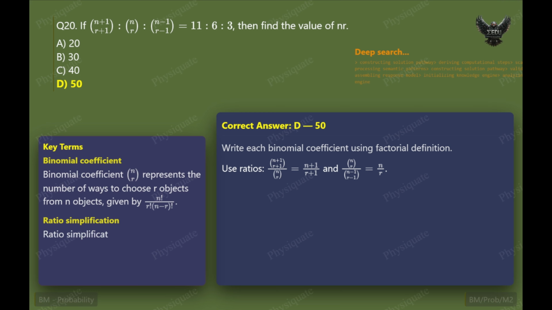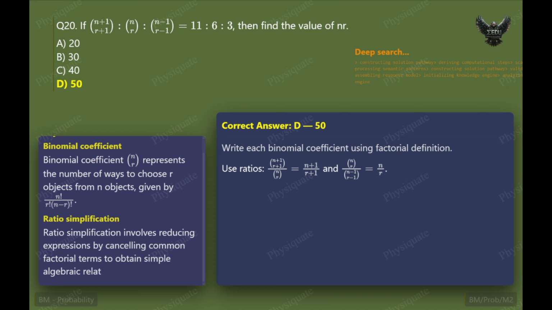Ratio simplification involves reducing expressions by cancelling common factorial terms to obtain simple algebraic relations. Thus, n plus 1 divided by r plus 1 equals 11 divided by 6 and n divided by r equals 6 divided by 3 equals 2. From n divided by r equals 2, we get n equals 2r.